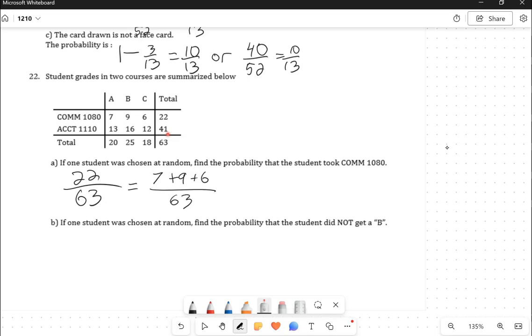If one student was chosen at random, find the probability the student did not get a B. These are all the people that did not get a B. Add them up, divide by the total. These students did not get a B. You can utilize the sums if you'd like. 38 out of 63.